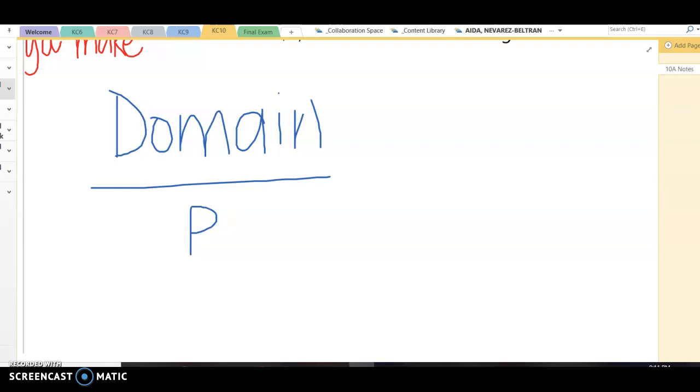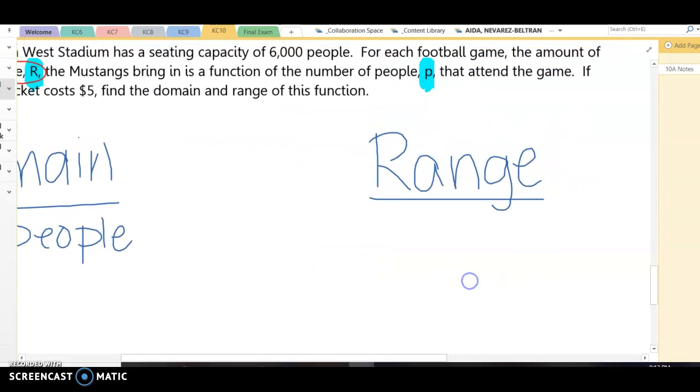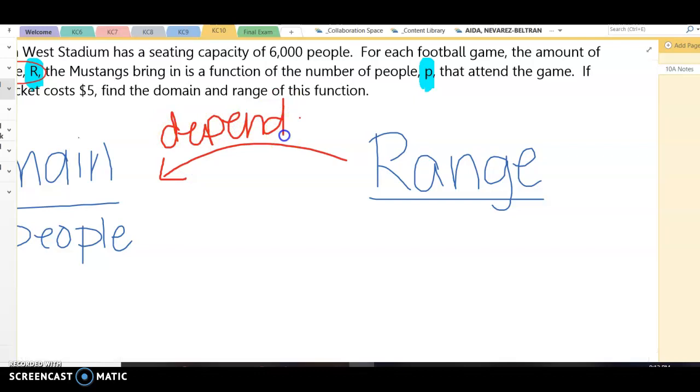So in this one, the number of people is your domain, because your range depends on your domain.